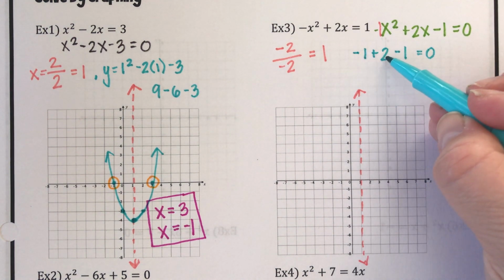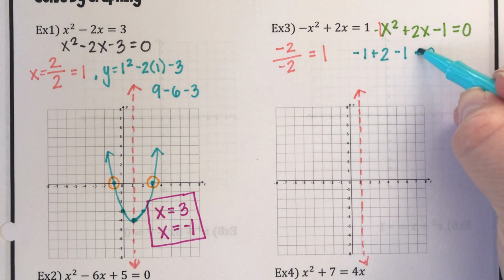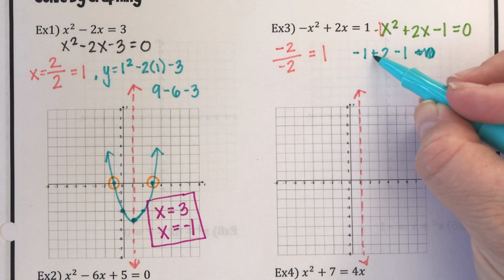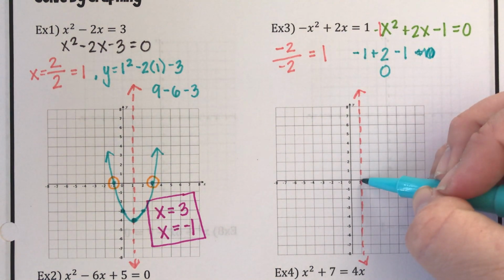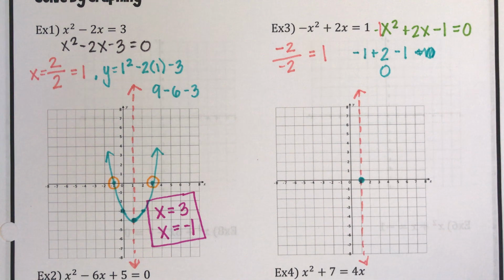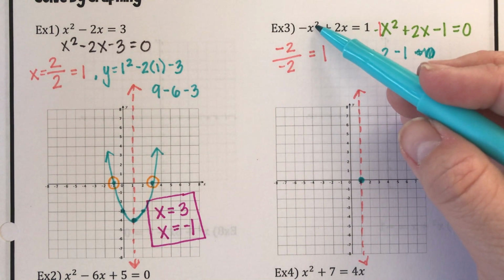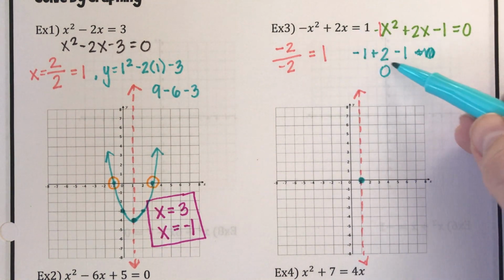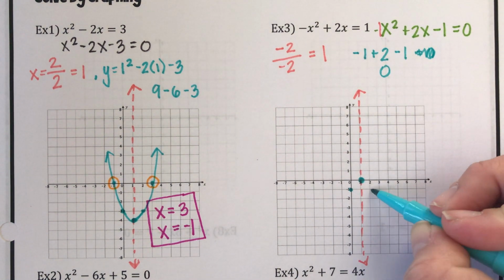So negative 1 plus 2 is 1, minus 1 is 0. So when I put in a 1, I got out a 0. Okay, and so let's think about this for just a second. We're going to graph another point. We're going to plug 0 in. So negative 0 squared is 0, plus 0, minus 1. So negative 1.